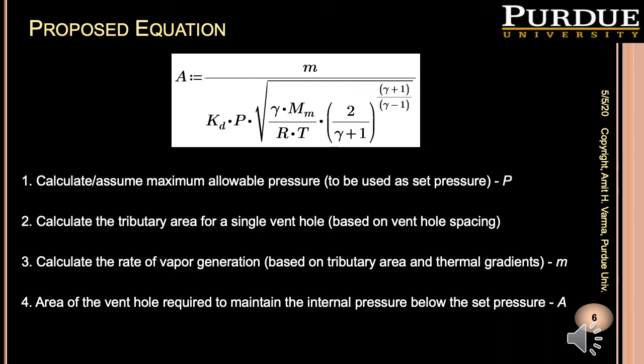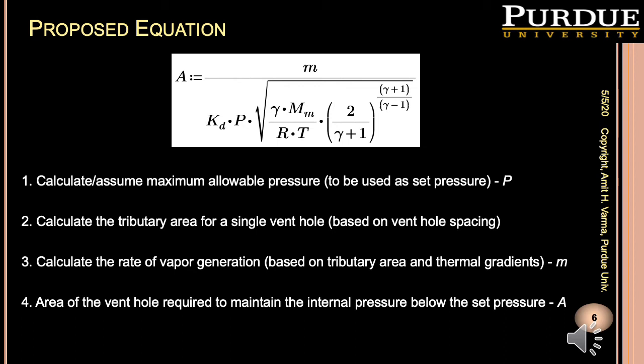Let's say I decide that I want to provide vent holes every 12 feet along the length and the height of the wall. Then I can calculate the tributary area for a single vent hole, which is the amount of concrete that would contribute its vapor to that vent hole. And then based on that tributary area and the thermal gradients through the cross section of the concrete, I can calculate the rate of vapor generation.